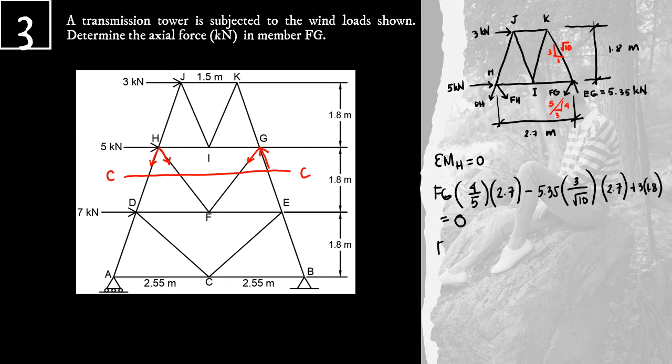Solving for FG, FG is equal to 3.84 kilonewtons, and this is tensile. You do note that in our solution, in order for us to solve for FG, we need first to solve for EG.